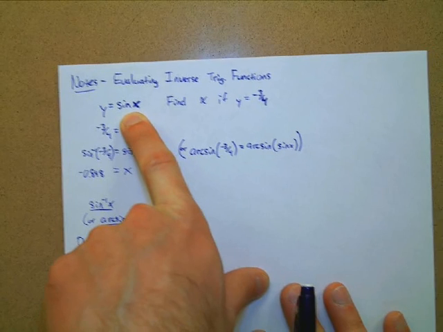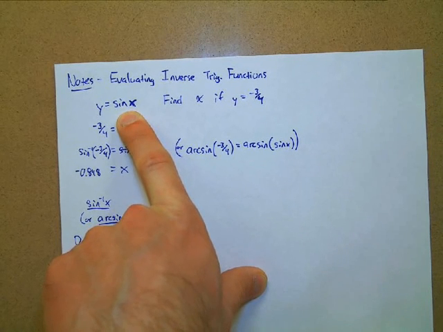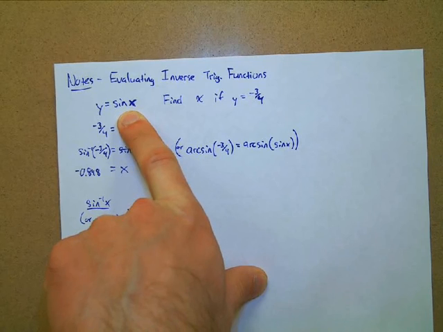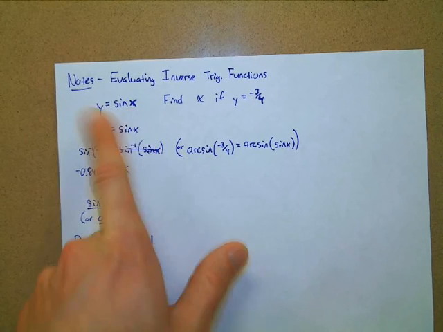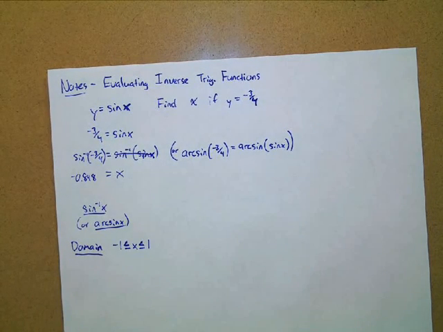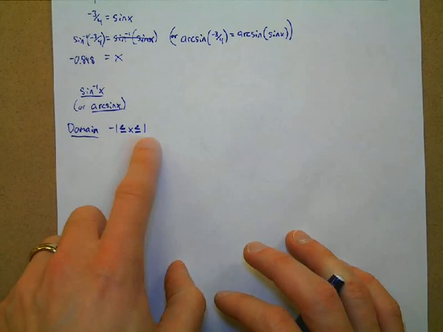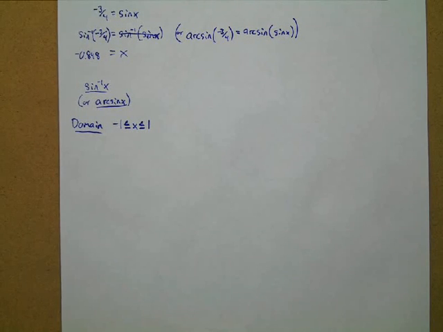And what's the highest? 1. So the range for sine is -1 to 1. Therefore, the domain for sine inverse will be -1 to 1. We can't plug in 2 because there's no angle whose sine is 2. So that's why the domain is just -1 to 1.